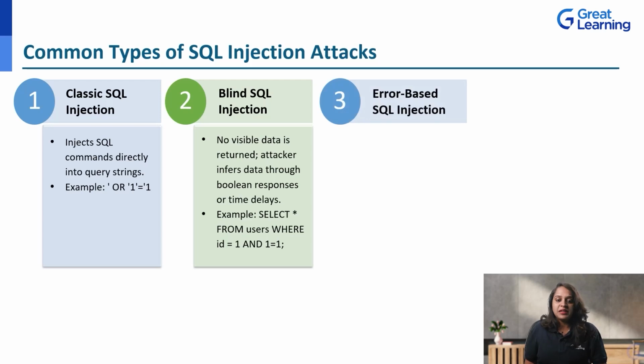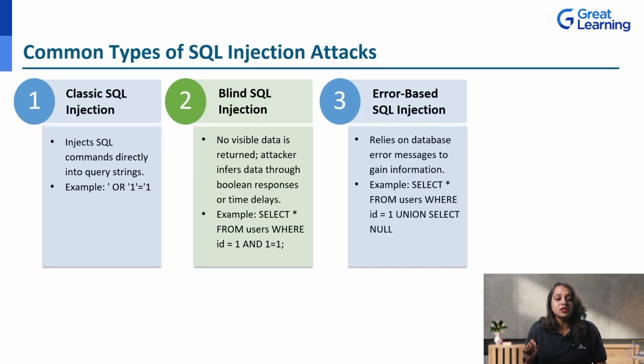Next is error-based SQL injection. From the name, you can understand that I, as an attacker or hacker, will send some malicious code to cause errors in your database. Based on that error execution, I can retrieve the data. That is the intention here. It relies on database error messages to gain information.